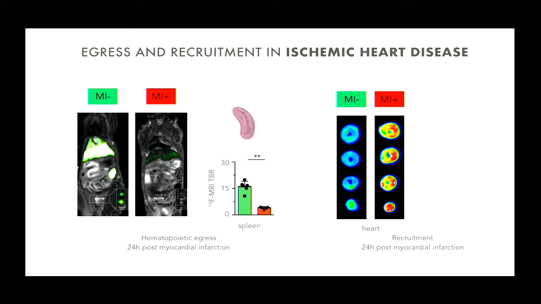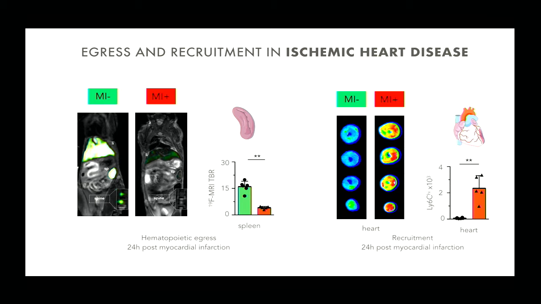We corroborated this result with flow cytometry, where we see a massive influx of pro-inflammatory monocytes in the infarcted myocardium at the same time point. So here we can really appreciate this very robust effect that we can track these myeloid cells in vivo.